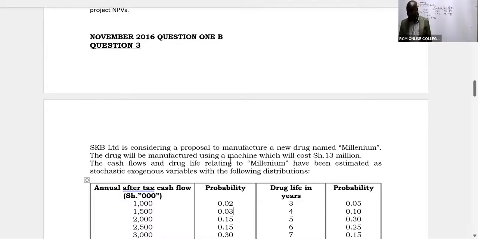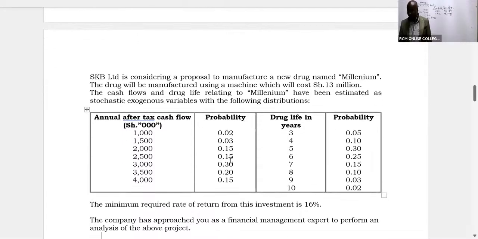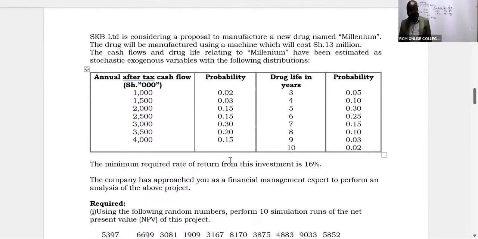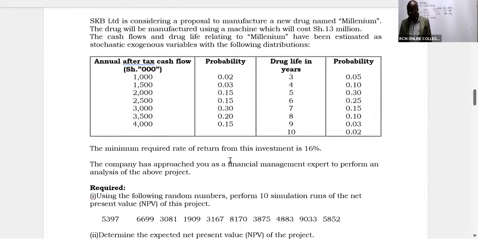We have annual after-tax cash flows, probability, drug life, and the probabilities there. So we have 2 variables. The minimum required rate of return is 16%. The company has approached you as a financial management expert to perform an analysis of the above project. Required: using the following random numbers, perform 10 simulation runs of the net present value of this project.